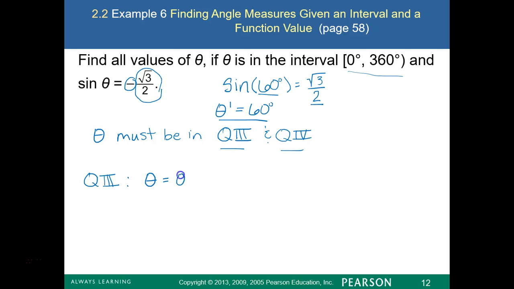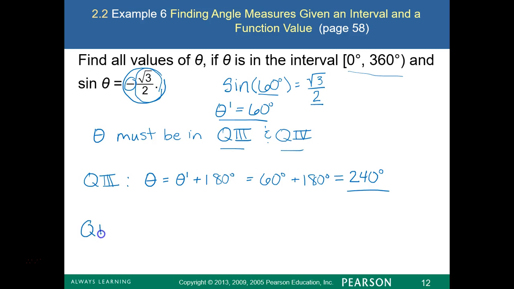So take our reference angle that we are given and add 180 degrees. So we found our reference angle to be 60 degrees, add 180. So in quadrant 3, our angle that is going to give us negative square root of 3 over 2 is 240 degrees. There's one of our solutions.